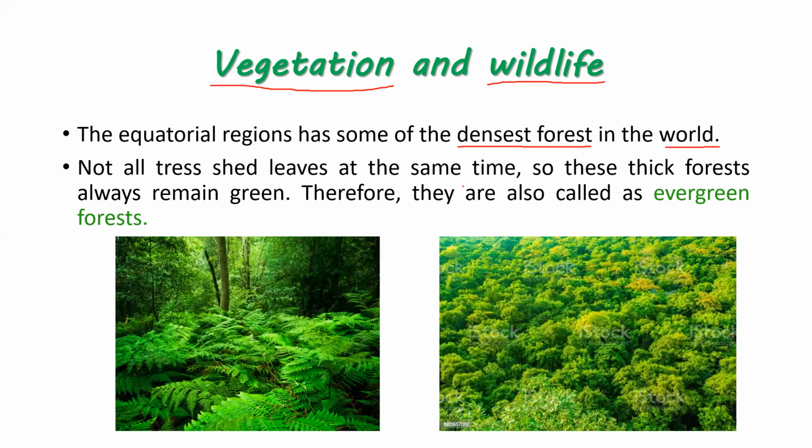So in the forests found in the equatorial region, there are trees that remain green throughout the year. That is, all 365 days this forest remains green, and that is why they are also called evergreen forests. Evergreen, that is always green.